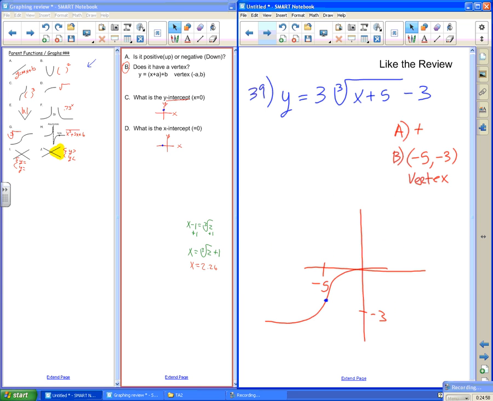Okay? Part C says, what is the y-intercept? So all I've got to do to figure that out is plug in 0 for x. 0 plus 5, minus 3. Get y equals the third root of 5 minus 3. If I type that whole ugly thing in the calculator, it's going to give me an ugly decimal, but at least it'll narrow it down for me.